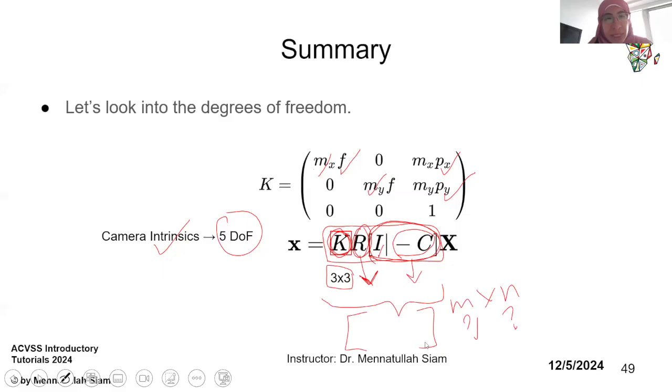Yes, Grace. So what is M in this case? I'm going from 3D to 2D. What do you think would be the shape of the projection matrix that is taking me from 3D to 2D?